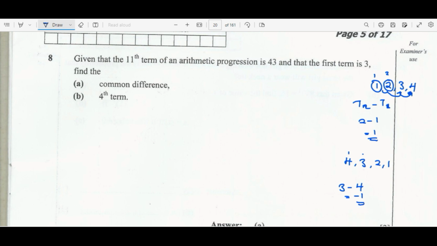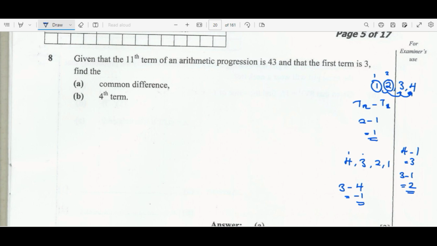So for us to have 3, it will be 4 minus 1, which gives us 3. And then if we want to have 2, we would say 3 minus 1, and it will give us 2. So in this case, you are finding the common difference in an event that they've given you continuous numbers like the ones I've shown here.